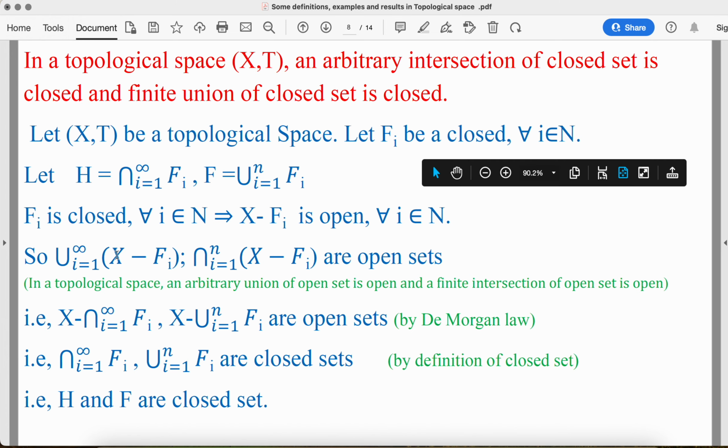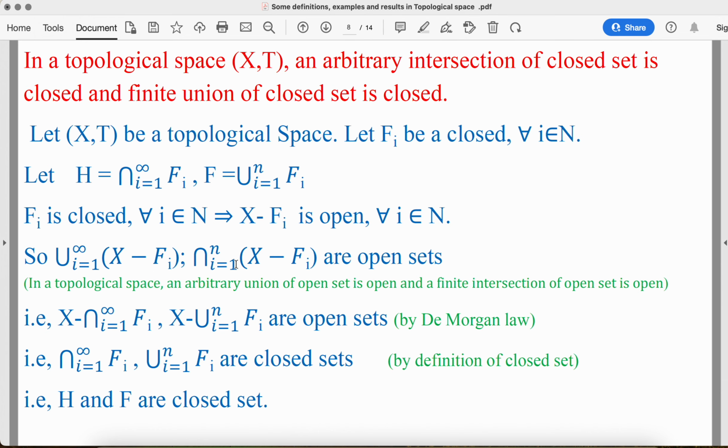So its arbitrary union, i equal to 1 to infinity of X minus Fi, and finite intersection, i equal to 1 to n of X minus Fi, are open sets, because an arbitrary union of open sets is open and a finite intersection of open sets is open. If we apply De Morgan's laws to these, it means X minus the intersection of Fi, i equal to 1 to infinity, and X minus the union i equal to 1 to n of Fi. We have applied De Morgan's law.